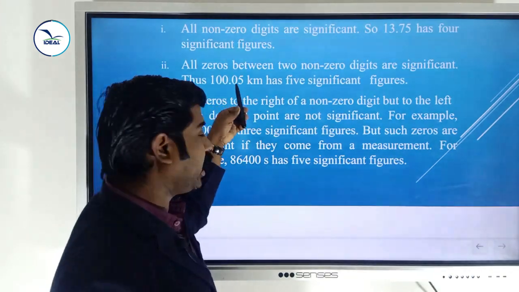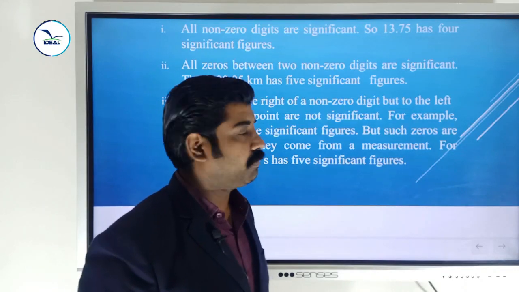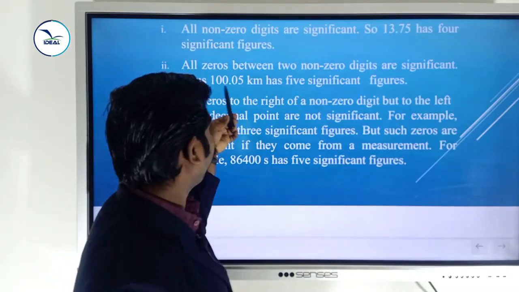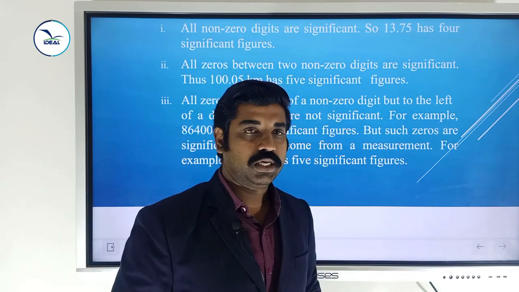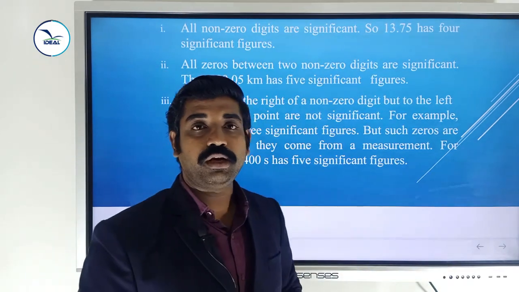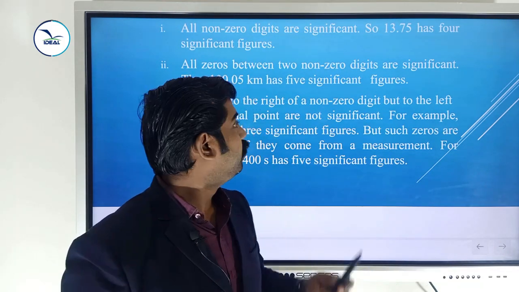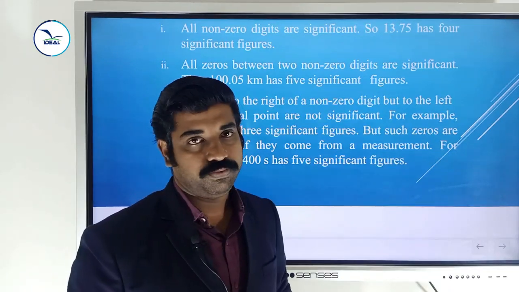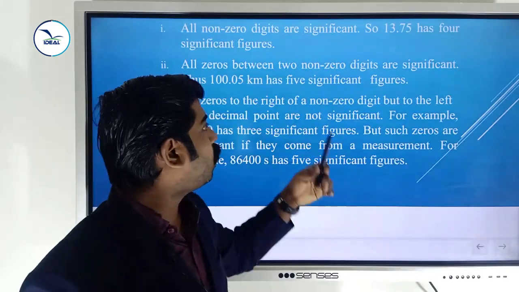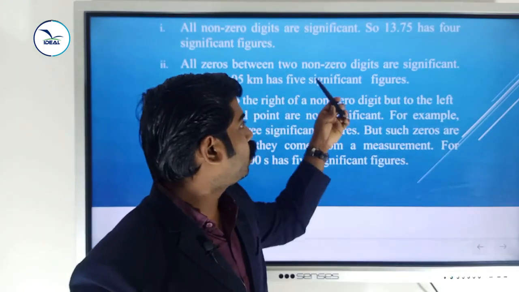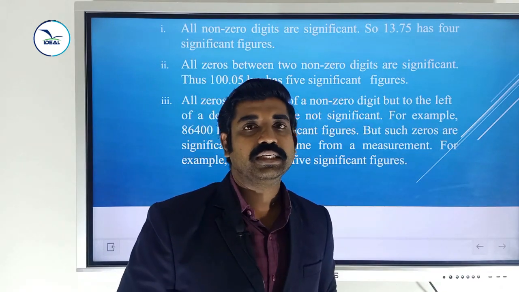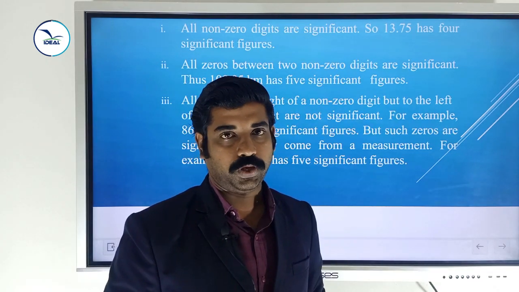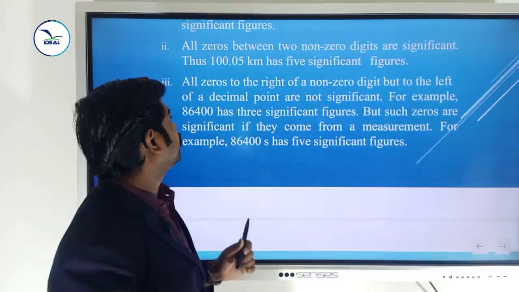So these zeros are also significant. That means there are 5 significant figures in 100.05. So the second rule is: all zeros between two non-zero digits are significant. Okay, clear? Now the third rule.